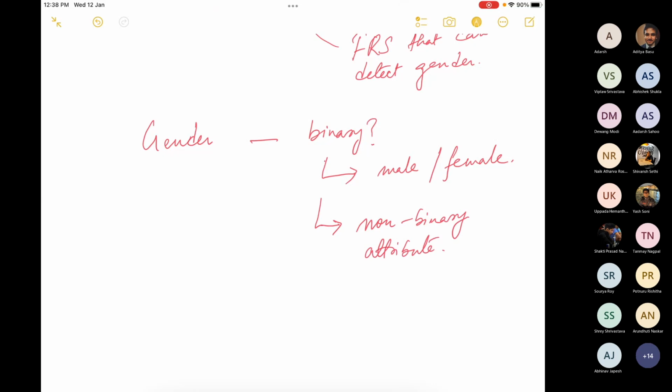However, most commercial systems treat gender as a binary attribute, and therefore the authors in this paper had to restrict their analysis to a binary representation of gender.